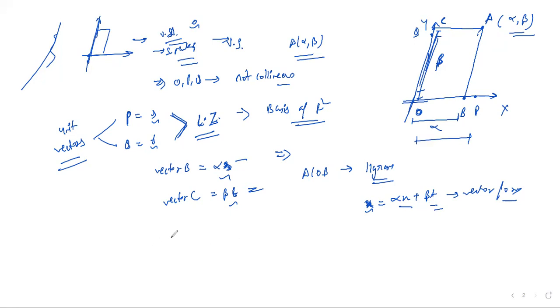So from this we got that the coordinates of A are unique scalars, alpha and beta.